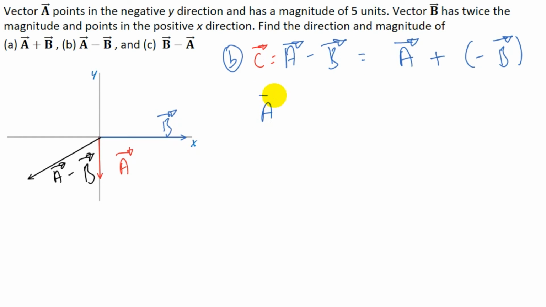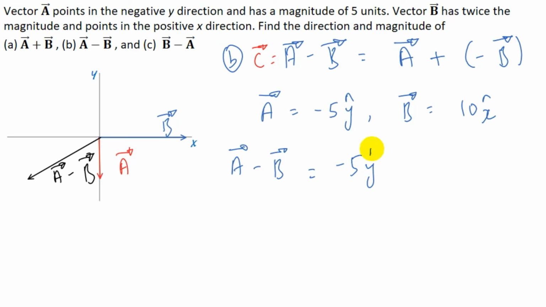Vector A is along the negative y direction and has magnitude 5, so this would be minus 5 y cap. And vector B would be 10 x cap. Now vector A minus vector B would be minus 5 y cap and minus 10 x cap.